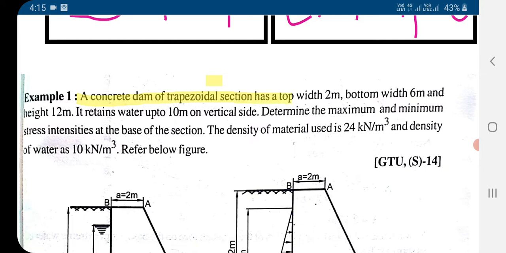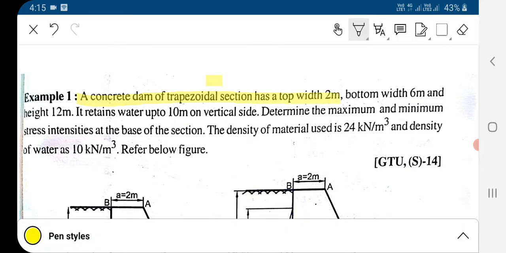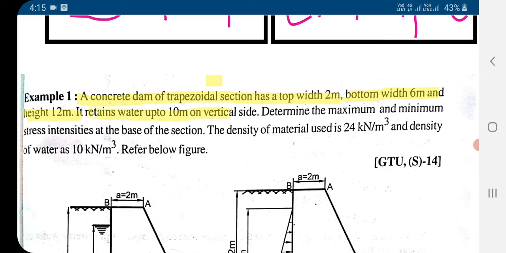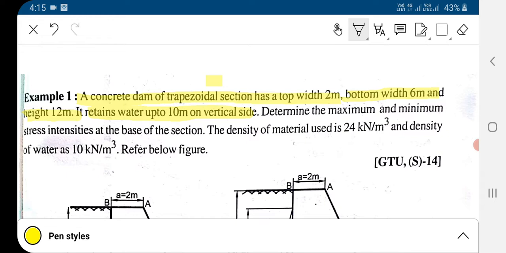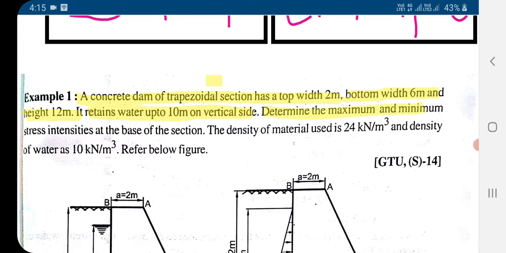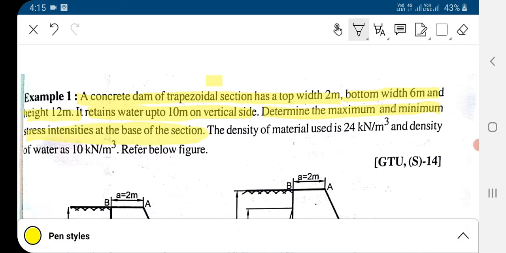It has a top width of 2 meter, bottom width given as 6 meter, and the height of dam given as 12 meter. It retains the water up to 10 meter, with vertical sides. Now we have to determine the maximum and minimum stress intensity at the base of this section.